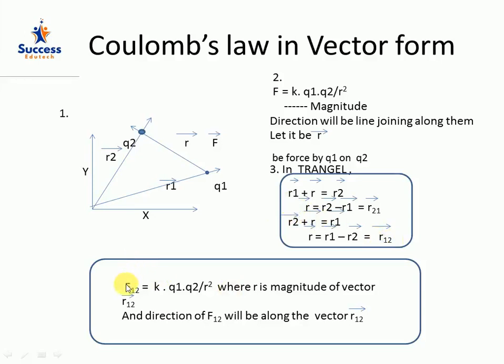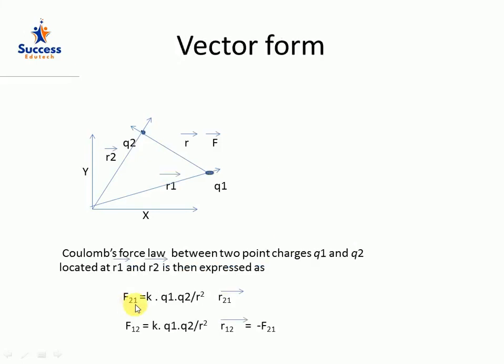Okay, now the force F12, or the magnitude of the force F12, will be given as k into the product of q1 q2 divided by r square, and this is the magnitude, and the direction will be along the vector r12.